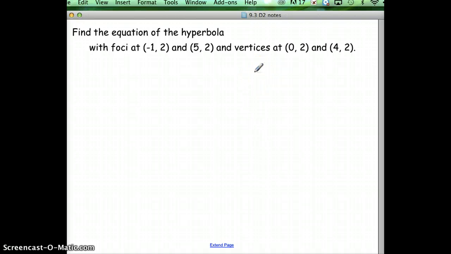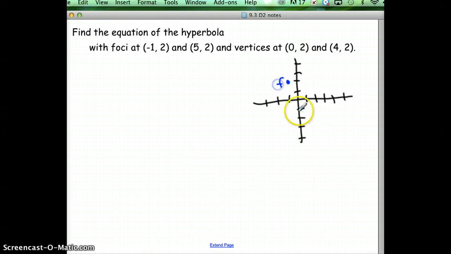Draw a picture for this just so you get a feel for what's going on. Okay, I've got foci at (-1, 2) and at (5, 2).